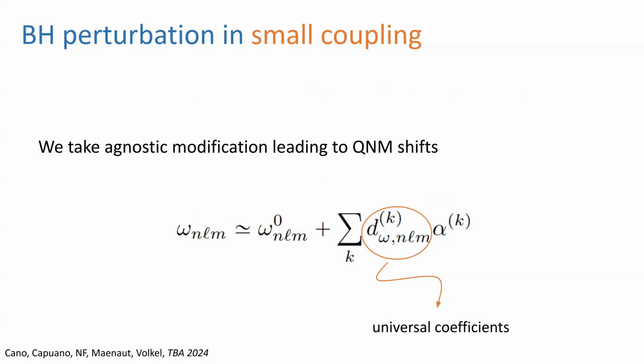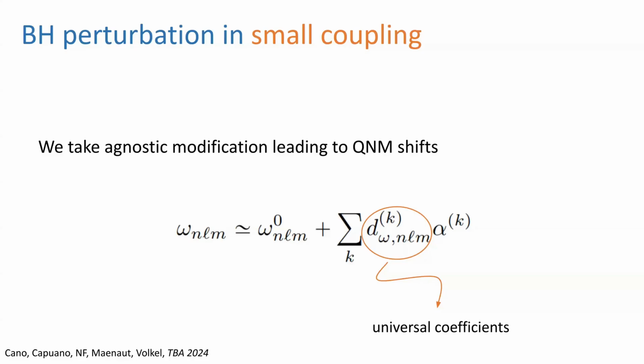Once you fix your mode numbers and the spin of the perturbation, you can compute them and store them in a file, so that once you pick your favorite theory, or if you want to do analysis agnostically, you can just choose the values of alpha k and automatically have the frequency given to you.